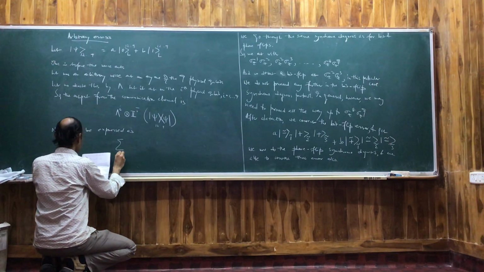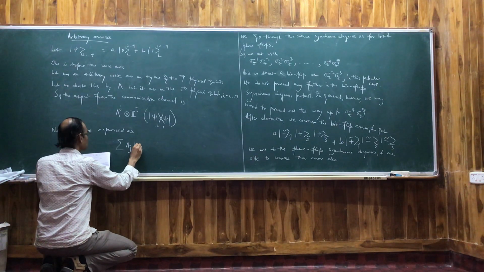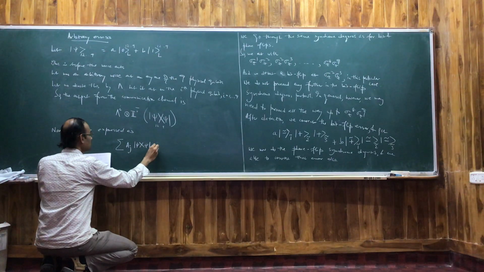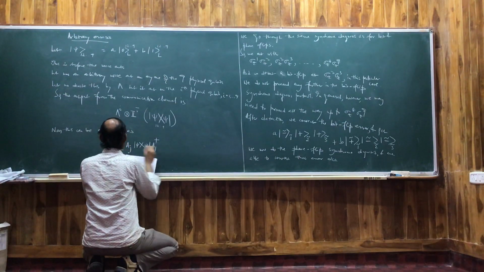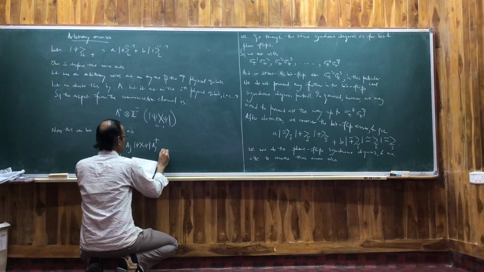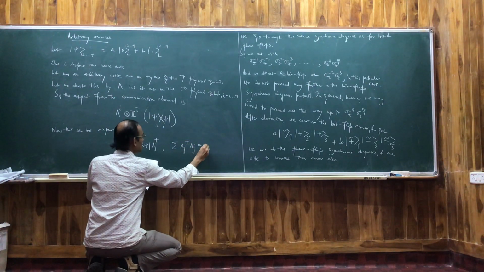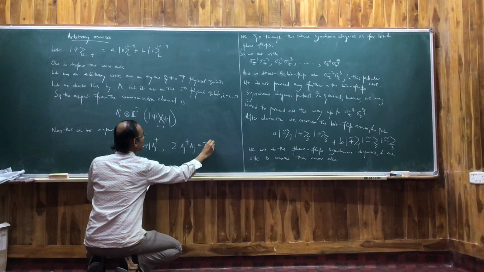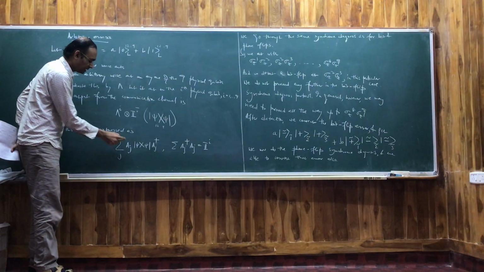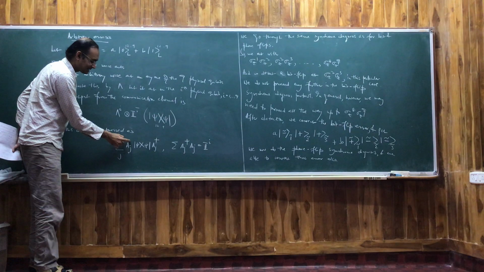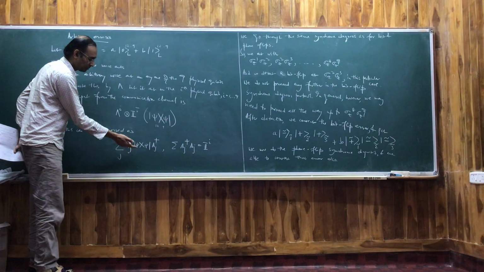It can be written as A_j psi A_j dagger, summation over the j, where the identity operator is on the ith qubit. Yes, so I have decomposed only this one. There should be a superscript i that I am not writing, and there is a tensor this that I am also not writing. Okay.